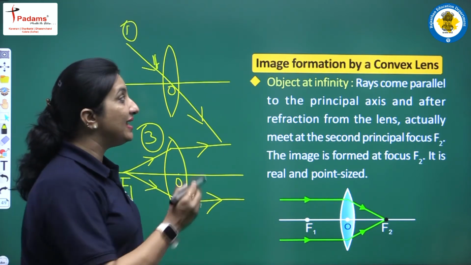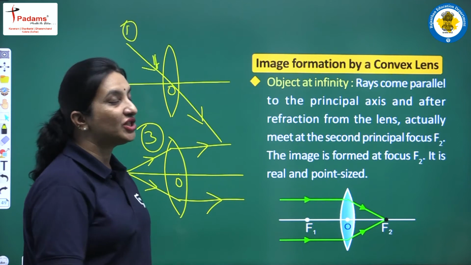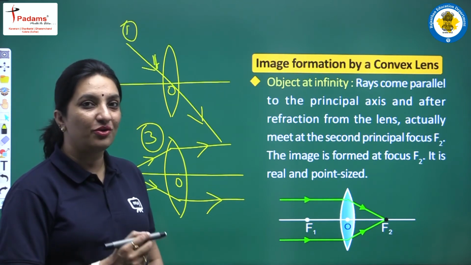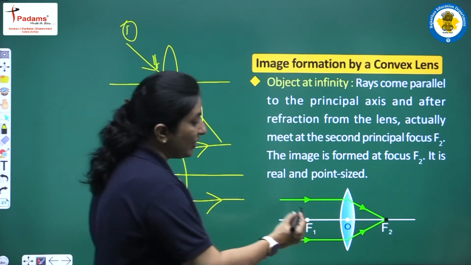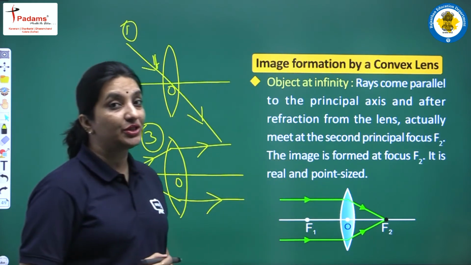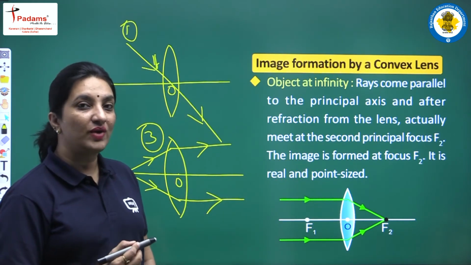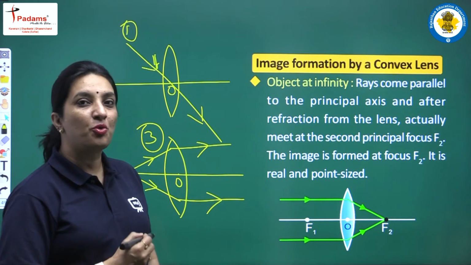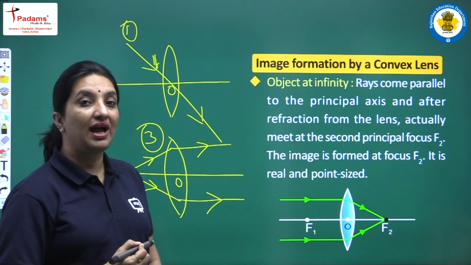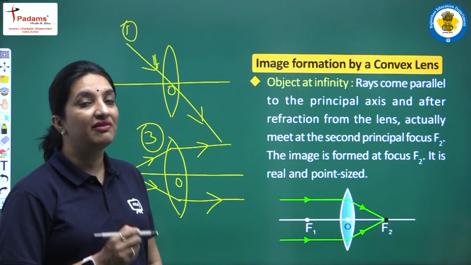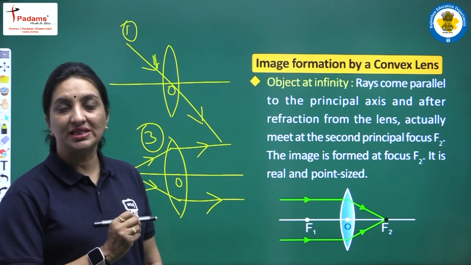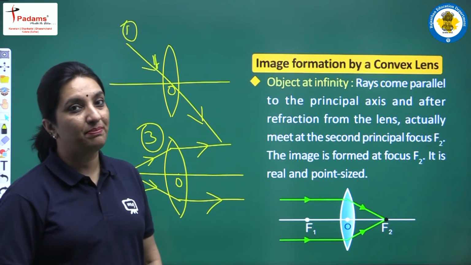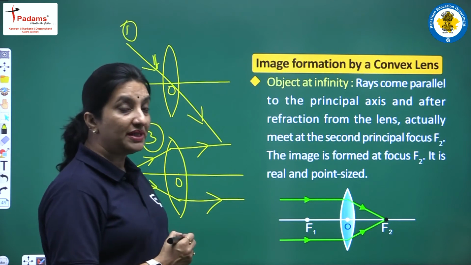Now students, let's see how the image formation takes place in case of a convex lens. Now we have a convex lens, and as we know, in case of a convex lens we have certain points on the principal axis, and depending upon these points we can have 6 positions where the object can be placed. So what are the points on the principal axis?